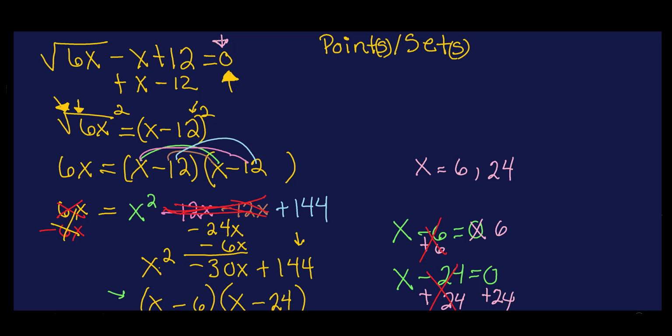So we have to plug both the 6 and the 24 into this equation for x and see if, after plugging it in, it actually equals 0. I told you all, this is a very long one, okay? You're not done yet. If you put the points 6 and 24, you're going to get it wrong, okay? So you're going to plug in. This is our original equation.